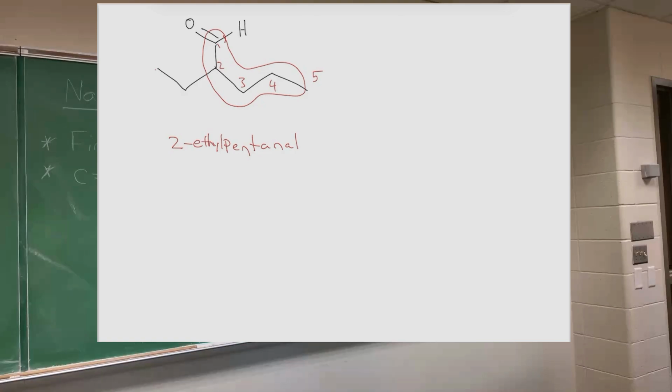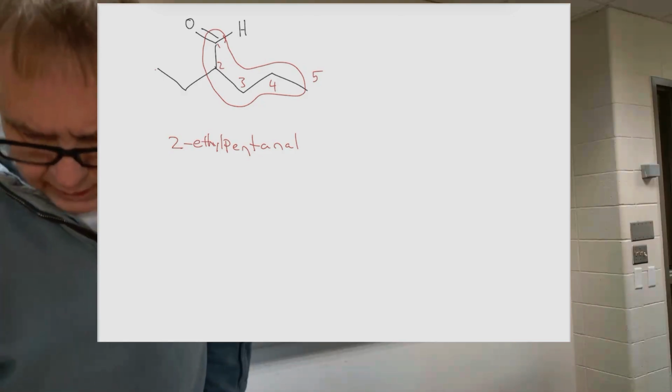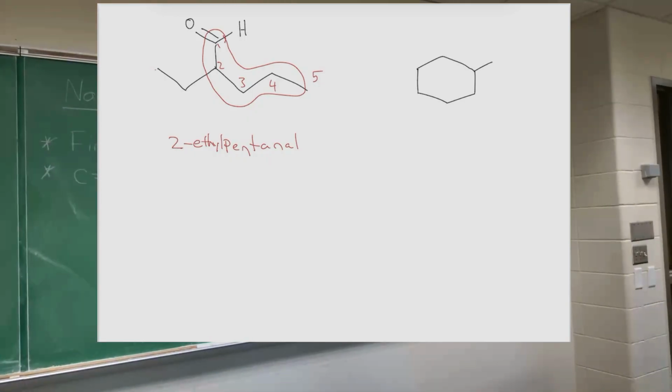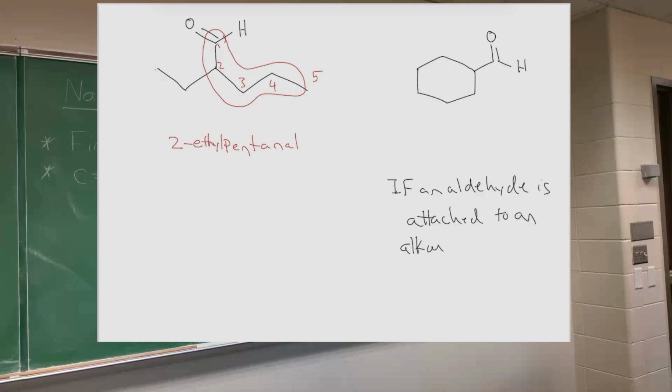Once in a while, you'll see an aldehyde attached to a ring. So if an aldehyde is attached to an alkane ring, you're going to do something that's just a little different.